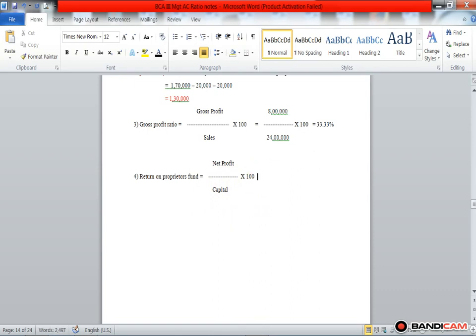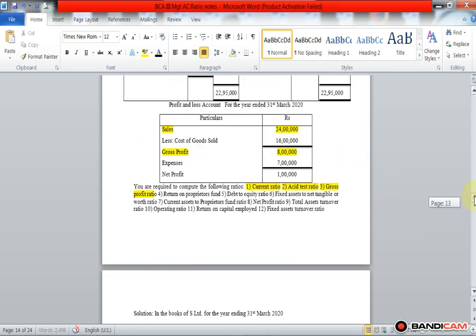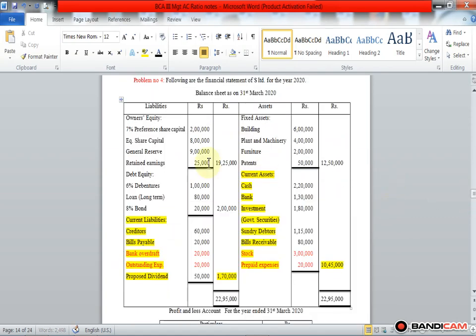So put the figures in the formula here. Everything is given in the problem. So here first of all find out the capital of the proprietor. So here 19,25,000 is owner's equity or owner's capital. Okay, here all these are the proprietors fund.